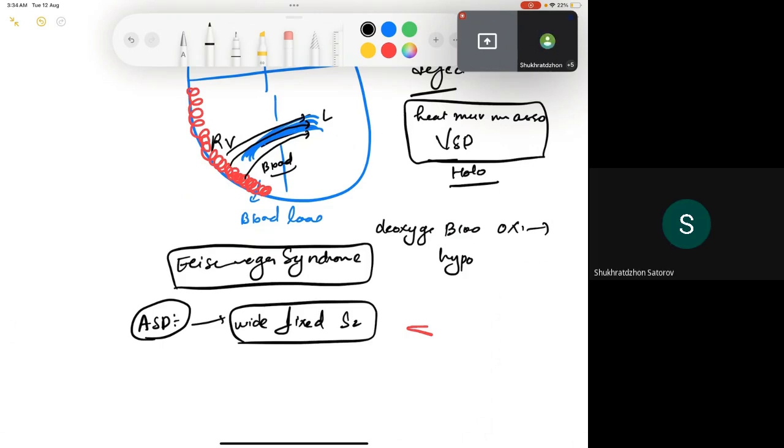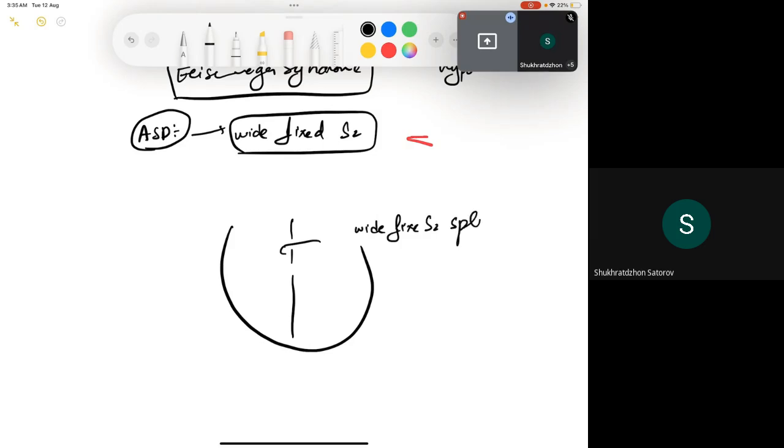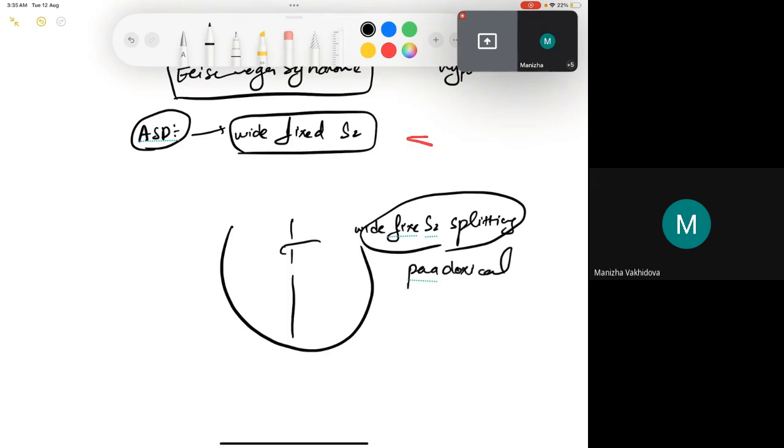In atrial septal defect, if we have ASD, will we be having a wide fixed splitting of S2, and why? We discussed it in detail, right? Will we be having paradoxical emboli? Yes, we are going to have paradoxical emboli.